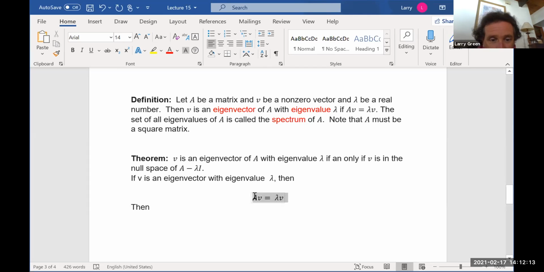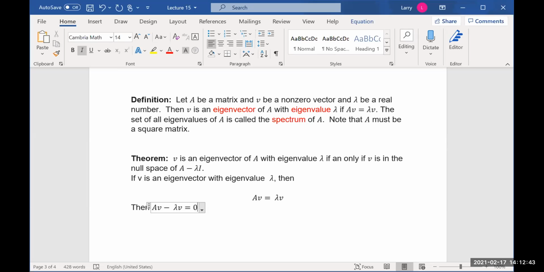So let's copy this. So am I allowed to say AV minus lambda V equals 0? Can I say that? What do you think? Yes. Yeah, that one looks okay.